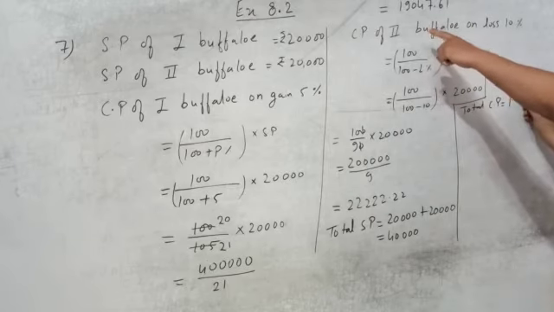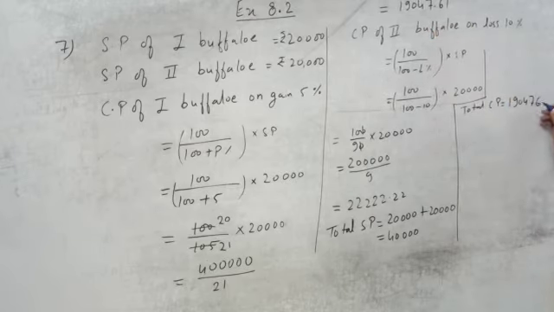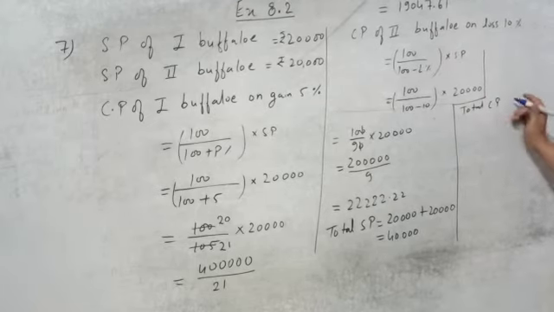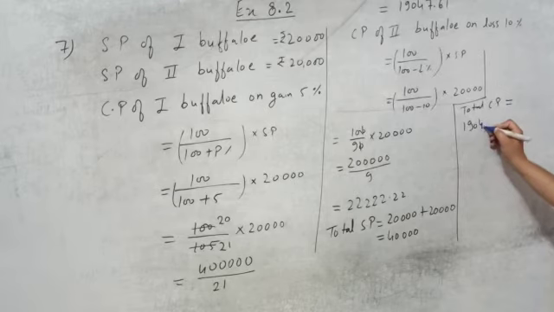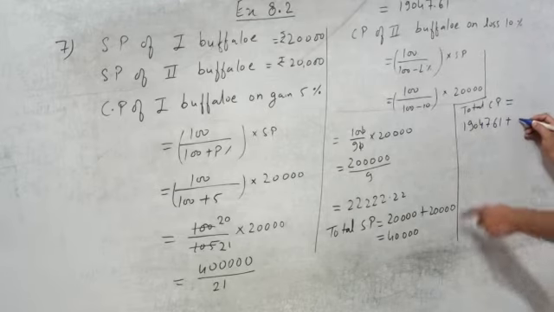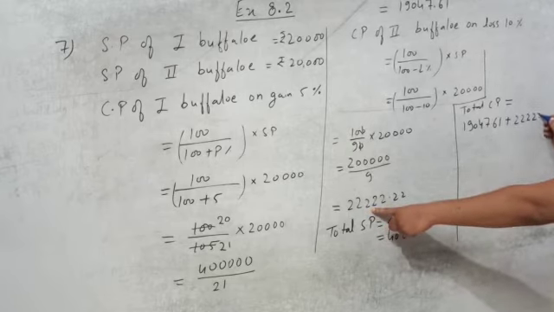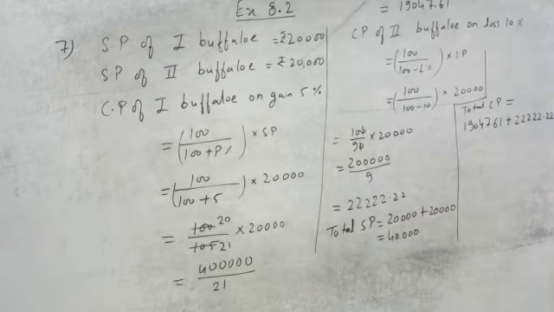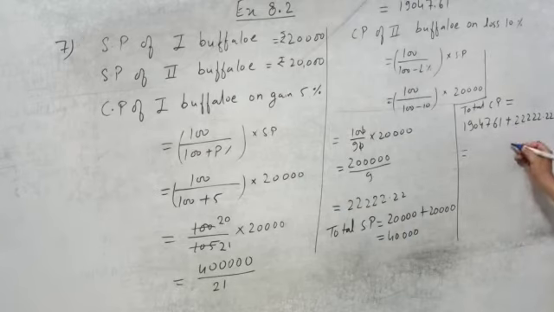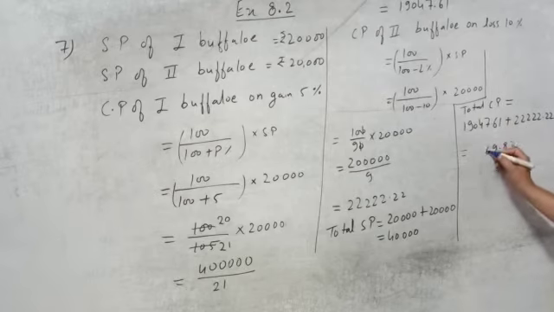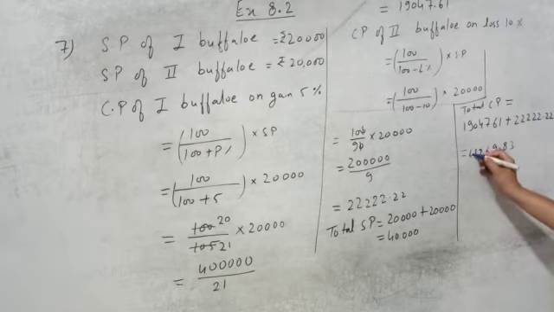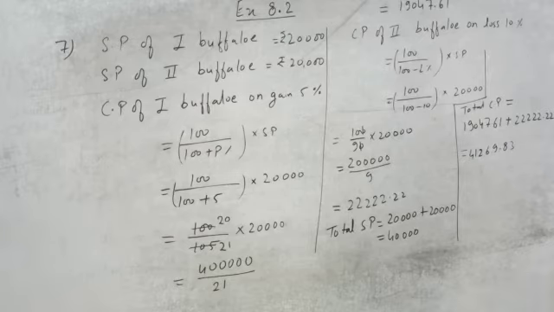What is the cost price? First buffalo 19047.61, plus the second, 22,222.22. So this is the cost price of both. We will add this one. So how much will it come? 41,269.83.